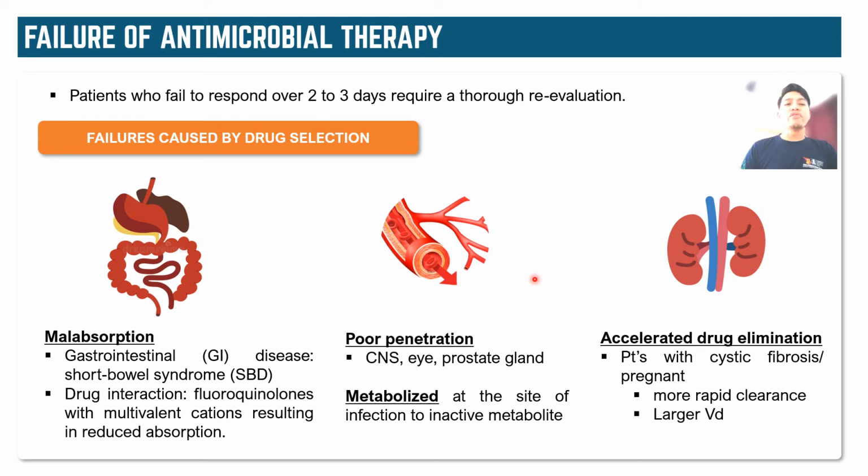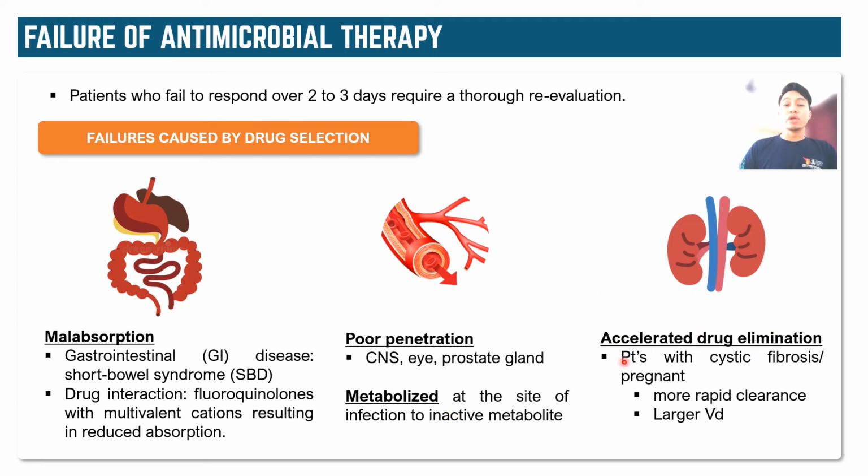A common cause of failure of therapy is also poor penetration into the site of infection. This is especially true for sites such as the central nervous system, the eye, as well as the prostate gland. Drug failure can also result from drugs that are highly protein bound or that are chemically inactivated at the site of infection.